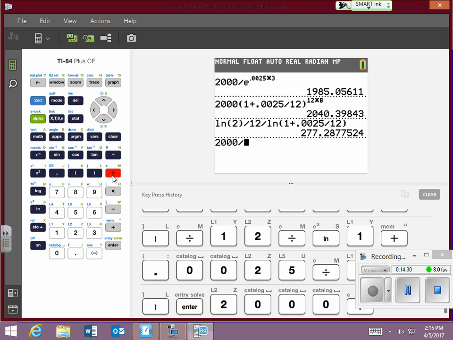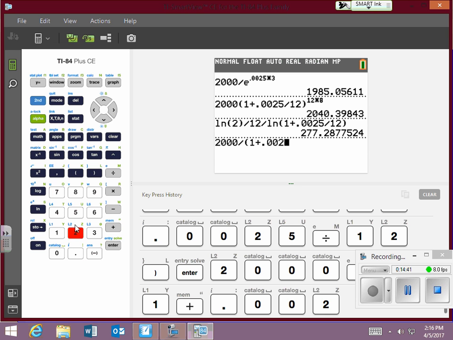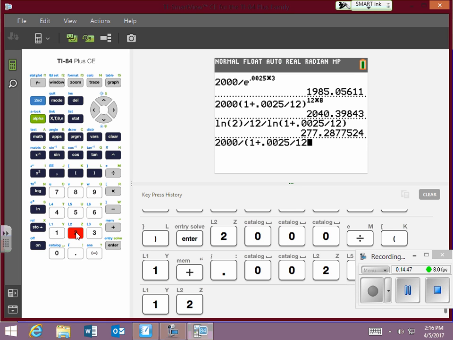Divided by 1 plus 0.0025 divided by 12. Bracket, and raise that to the 12 times 5, right?